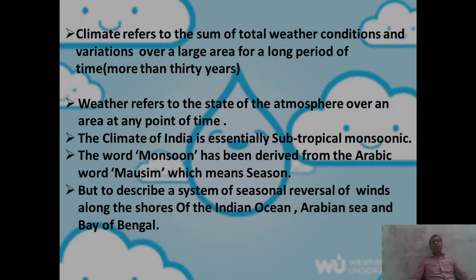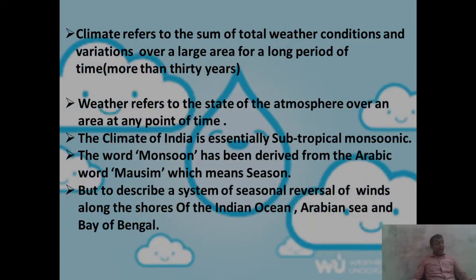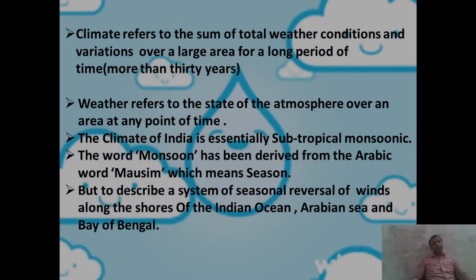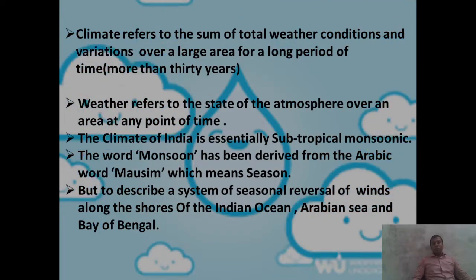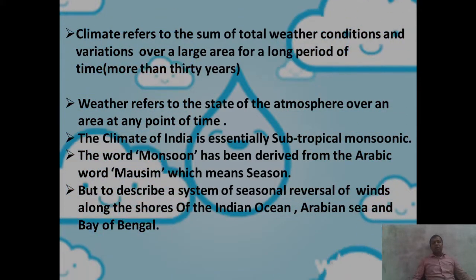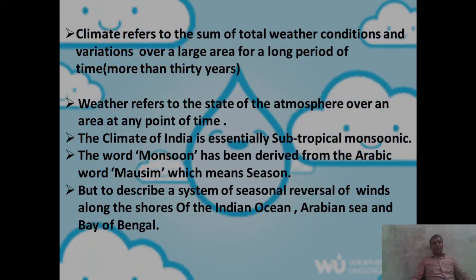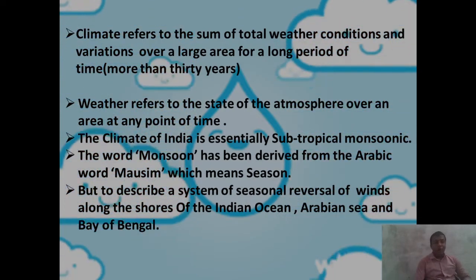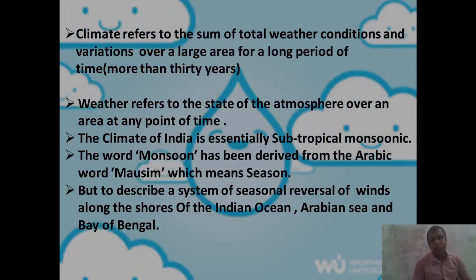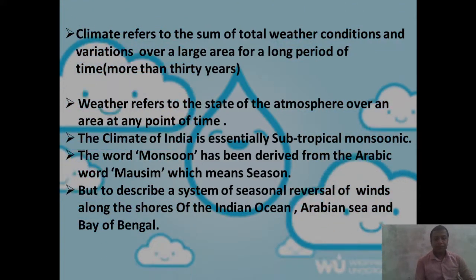So this is weather. And climate is actually the average or mean value, you can say the sum total of weather conditions and variations over a large area for a long period of time, that means more than 30 years.